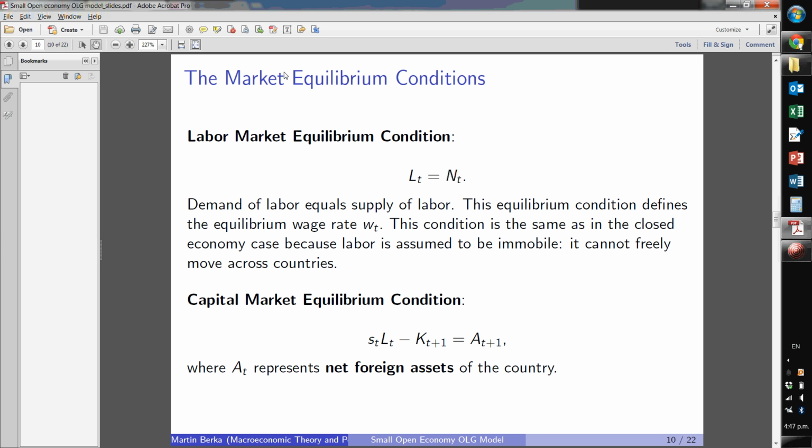So if you supply more than you demand, your net foreign assets are positive, greater than 0. If you supply less than what you demand, then the net foreign assets are less than 0. Consequently, if the supply of capital is bigger than demand, I'm going to be sending this capital abroad, and I'm going to be accumulating net foreign assets in exchange for that capital stock, and vice versa. So if my demand for capital is bigger than the supply, which is New Zealand's case, then I'm going to be decumulating the net foreign assets in my country.